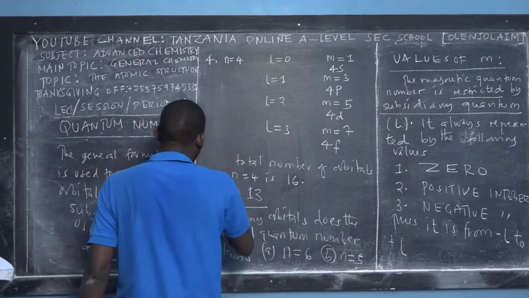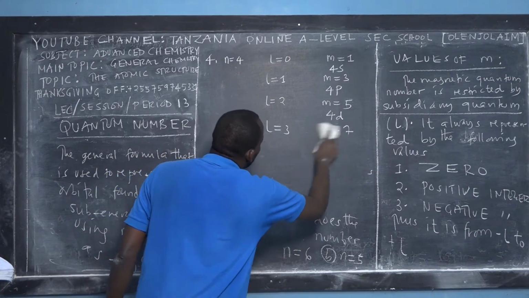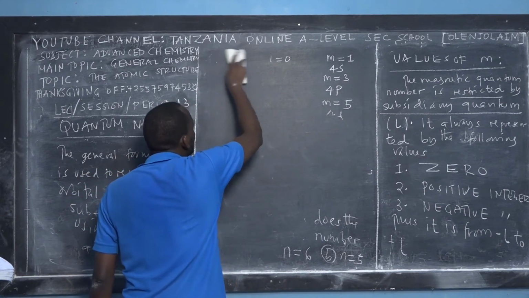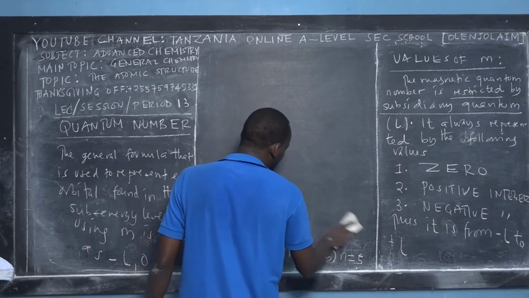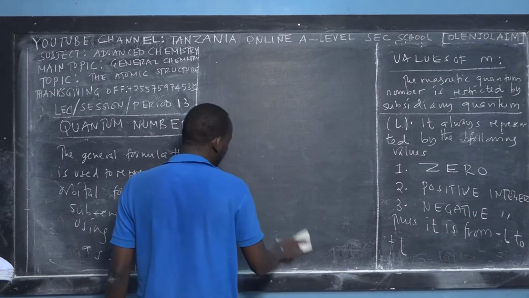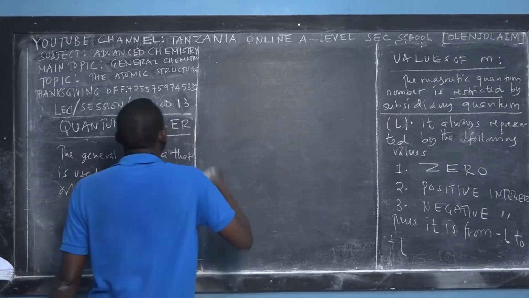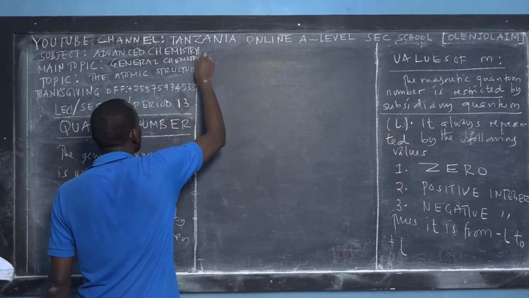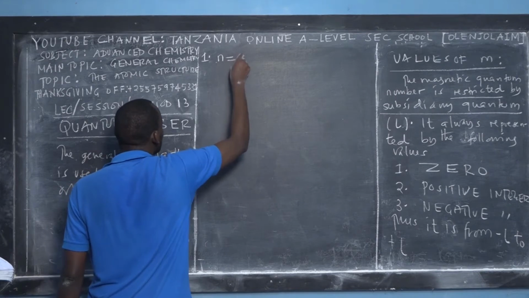Let me clarify in the simplest language for you to understand, from a simple example, because my intention is I want you to love chemistry, so I want to simplify things and take you deeper. So let us start with the fundamental or ground level, which is n is equal to 1.